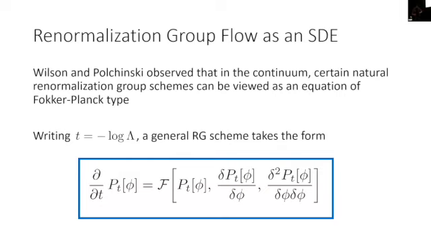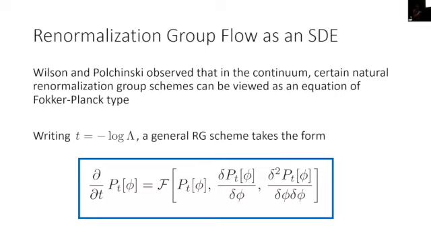You never integrate all the high frequency modes out completely, you just exponentially suppress them. Lambda is the cutoff frequency, so you get some equation describing the flow of the probability density of your possible fields. As lambda varies, that's the cutoff, and you parameterize it logarithmically, which is very natural.